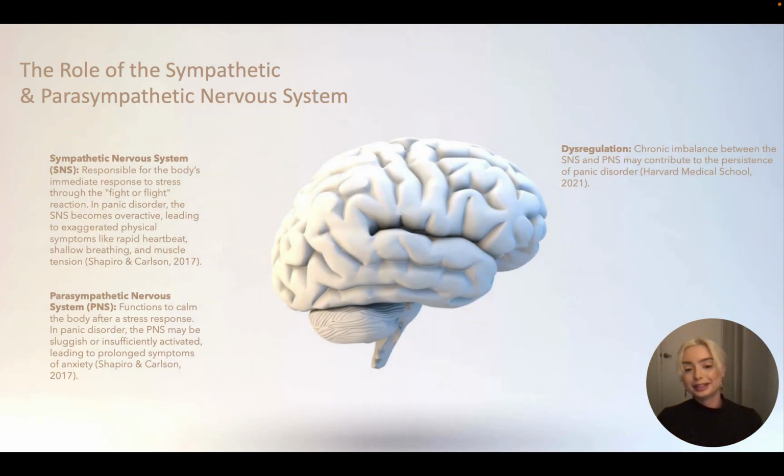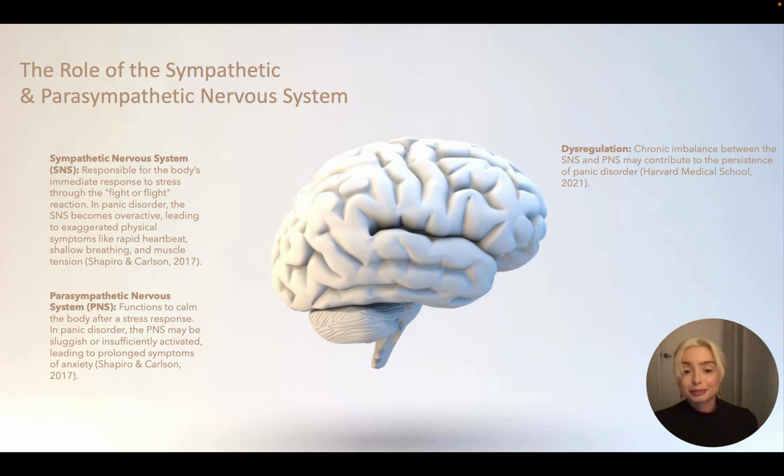So there's this really interesting dance that happens between the SNS and the PNS, the sympathetic nervous system and the parasympathetic nervous system. The SNS is responsible for the body's immediate response to fight or flight feelings. In panic disorder, the SNS becomes overactive, leading to exaggerated physiological responses that we talked about in the previous slide.